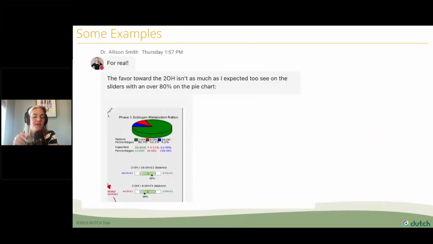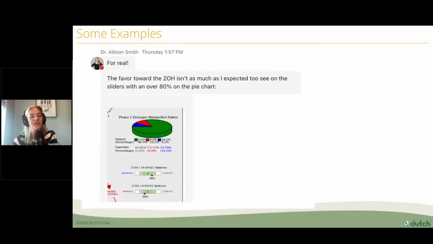Many of you probably know Dr. Smith, one of the docs on our team. And this was an example that came through where she saw that the favor towards 2-OH isn't as much as she expected to see on the sliders, with over 80% 2-OH on the pie chart. So you can see in this case, the 2-OH took up the majority of the pie chart. You'd think, wow, they have a really strong preference to 2-OH.